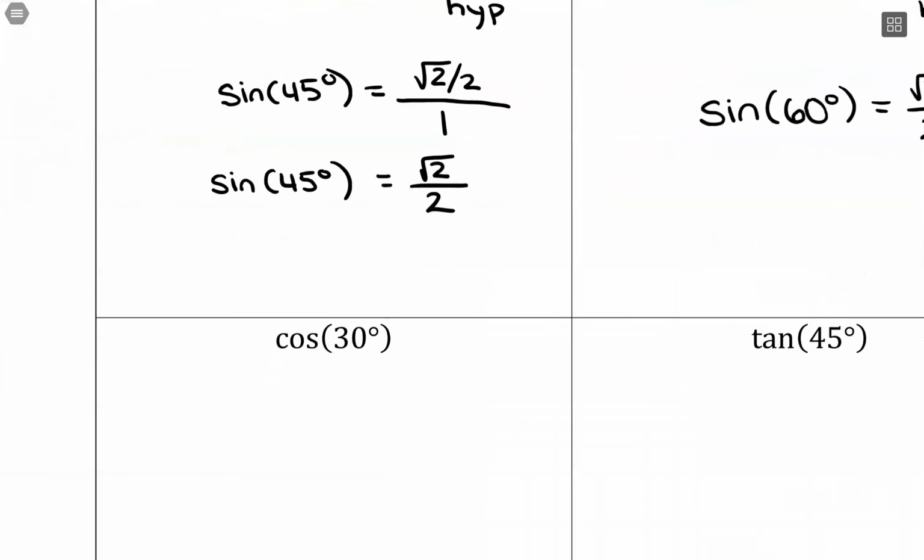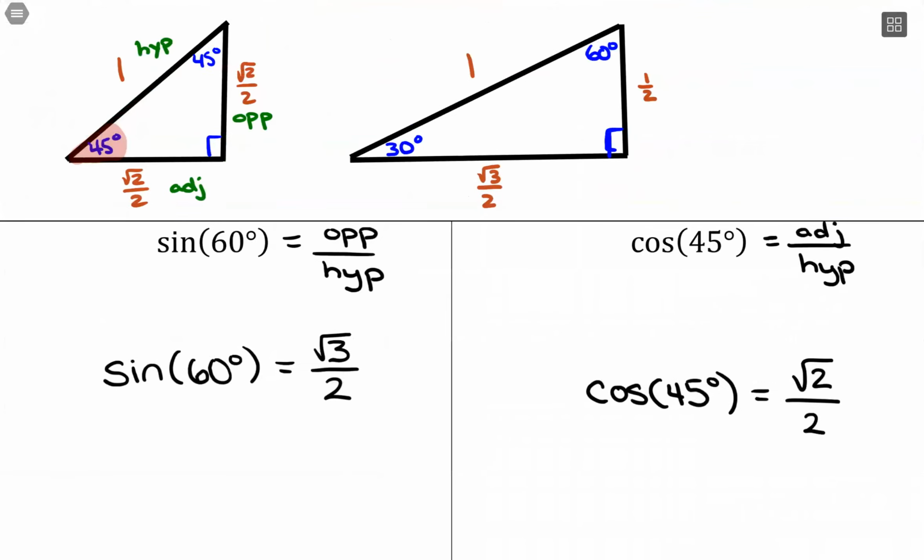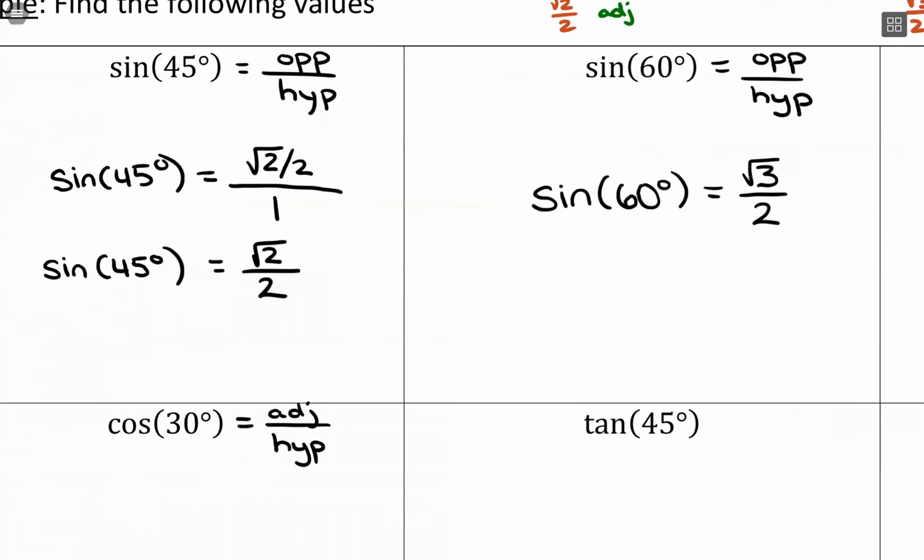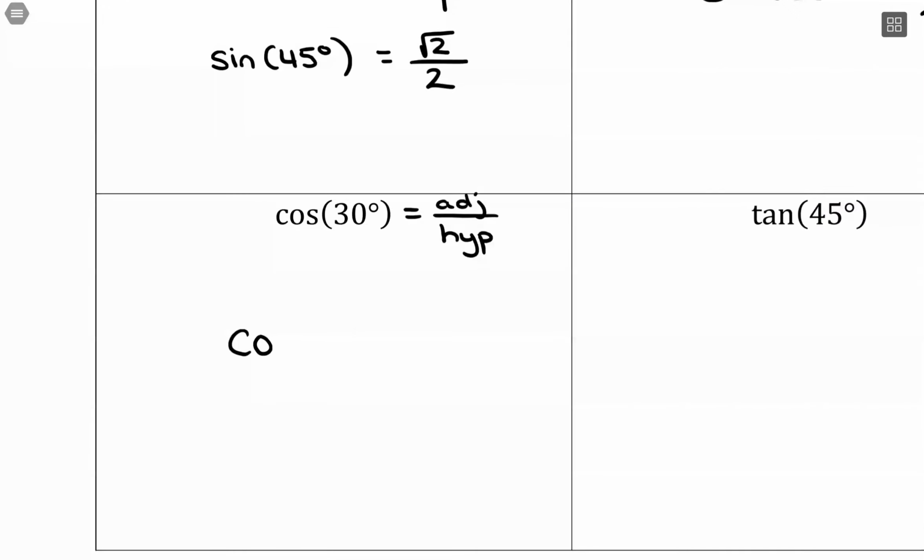All right, cosine of 30 degrees. So again, adjacent over hypotenuse. So if we're at 30 degrees, so if I focus right here, adjacent is the root 3 over 2, 1 is the hypotenuse. So this will just be root 3 over 2.